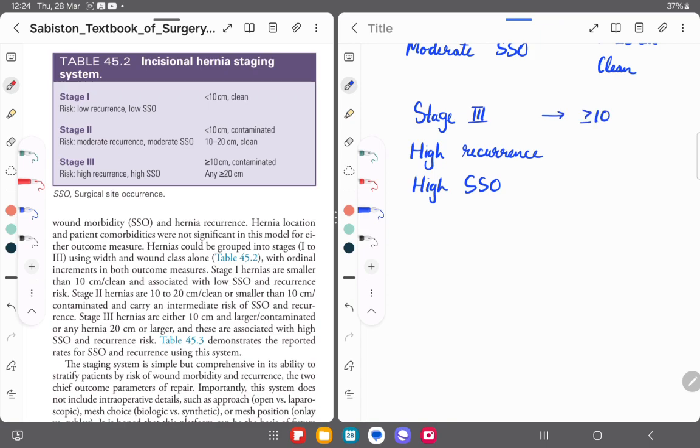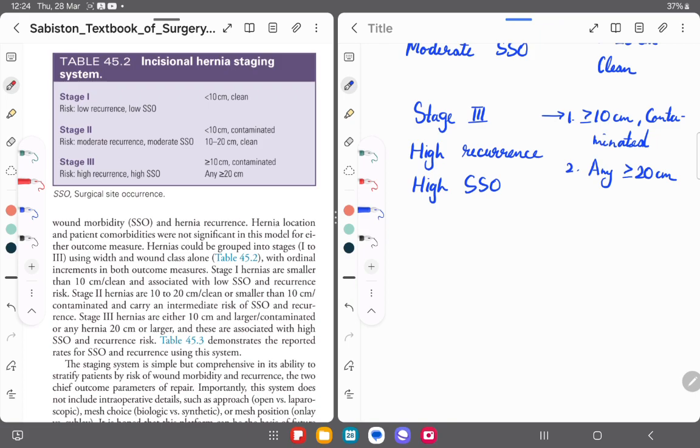If it is more than or equal to 10 centimeter and contaminated. Number 1. Number 2 is any more than or equal to 20 centimeter. So this will be stage 3. So this is the incisional hernia staging.